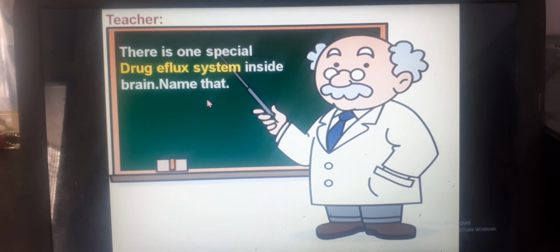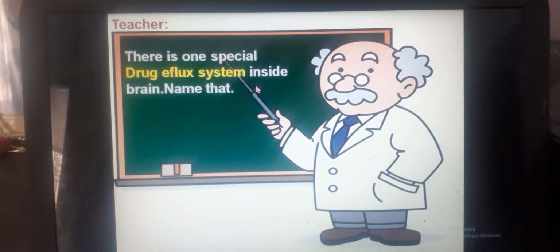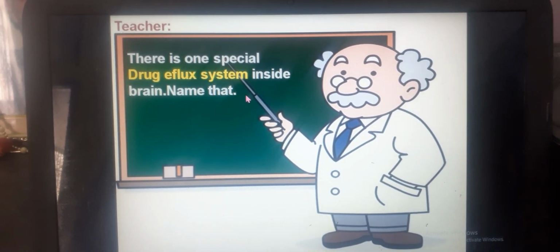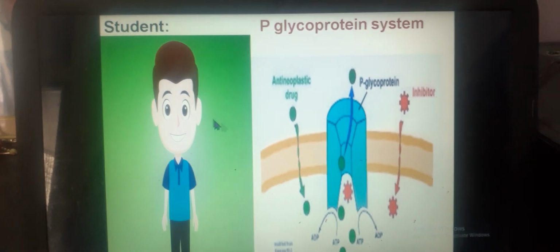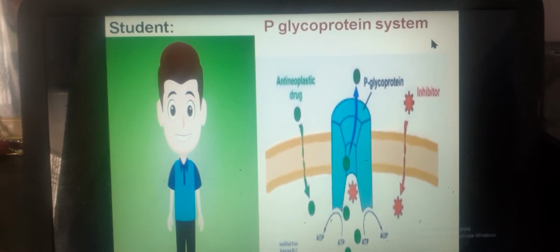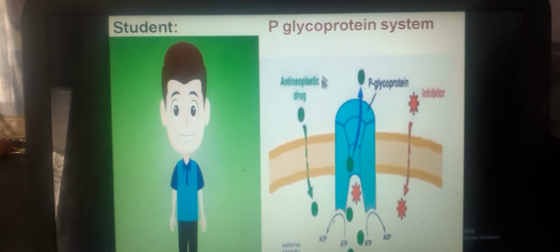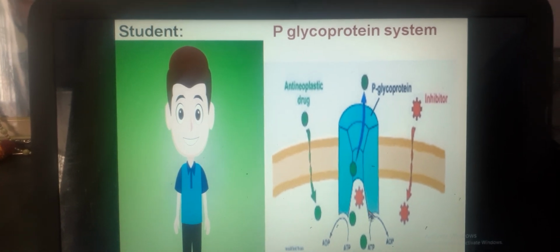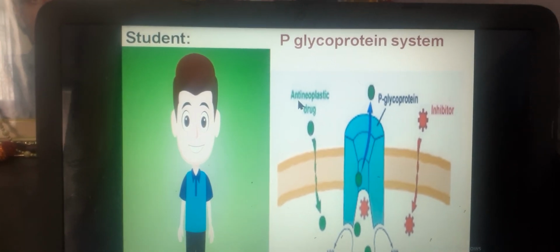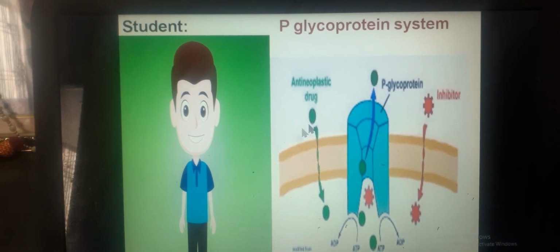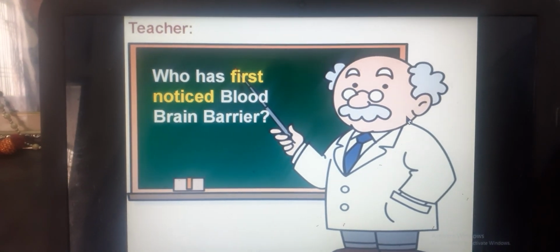Teacher: There is one special drug efflux system inside the brain. Name that. Student: It is the P-glycoprotein system, a special system inside our brain which pushes drugs out of the brain.